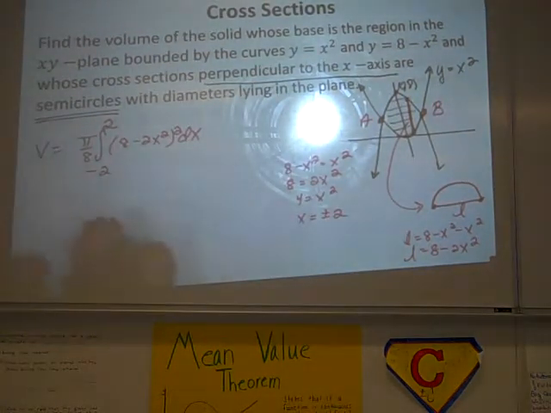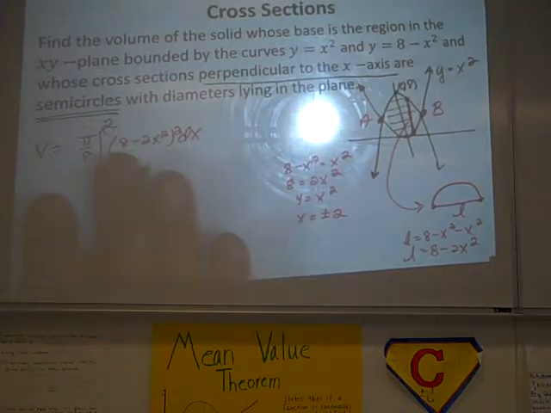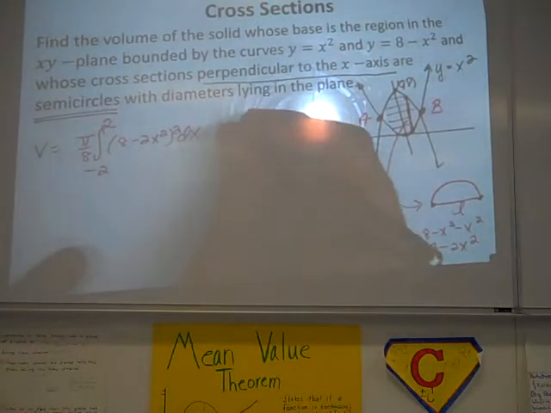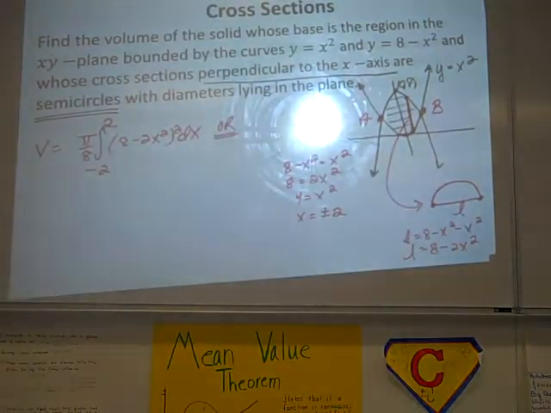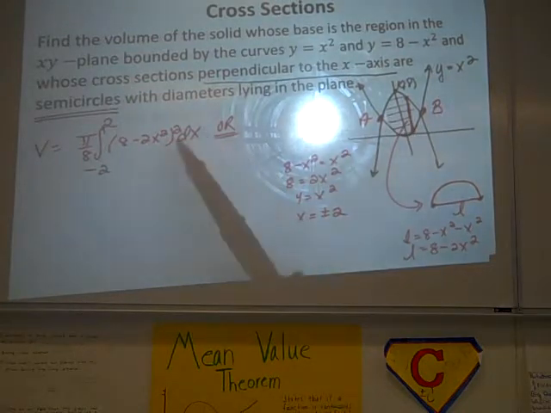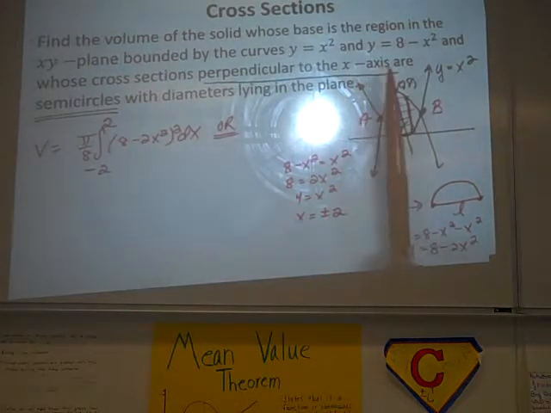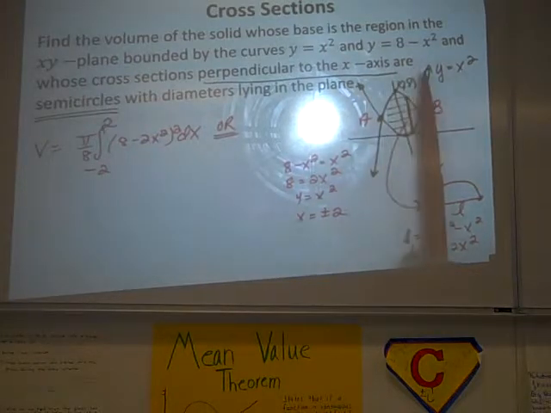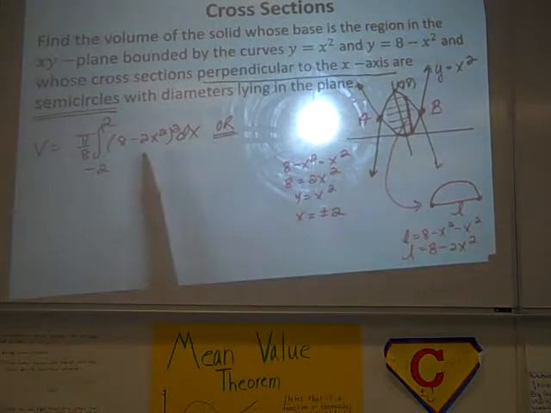That's one option for the volume setup. Another option for the volume setup, and we're just going to do this because you guys have an opportunity to really think about this. We know the volume is, we go from negative 2 to positive 2, integrating this function over here.